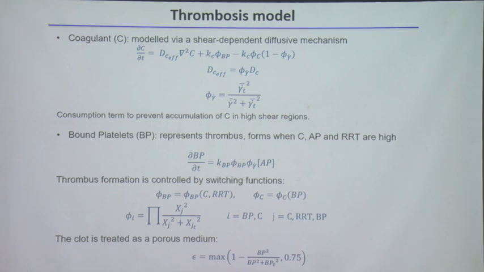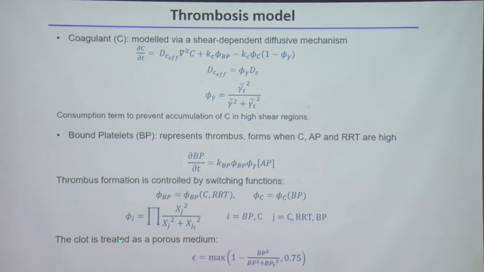Then there is the equation for bound platelets. I said earlier that the bound platelets are a surrogate of the clot. Once the platelets bind to fibrin strands, they form a stable clot. This involves a reaction equation, mathematically described by using a switch function here. So you can alternate the species to coagulant, relative residence time, and bound platelets.